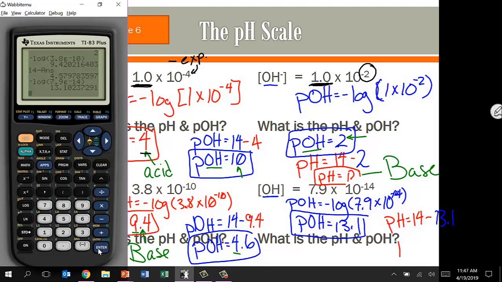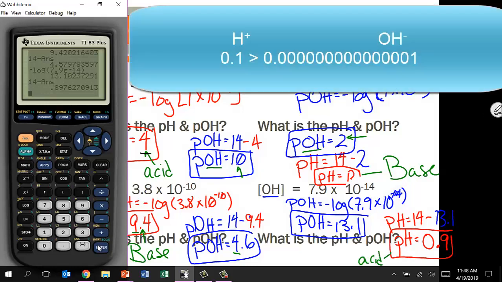So our pH, 14 minus our answer, is 0.9. A pH of less than 7 is an acid, or there are very few decimal places before our concentration.